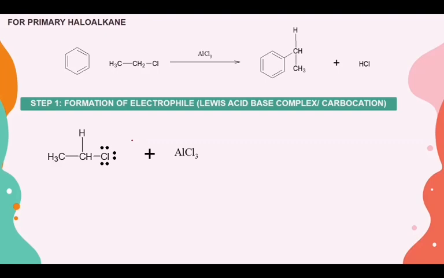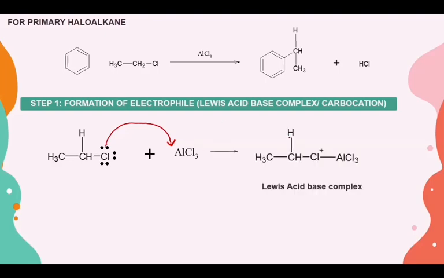Same as the previous mechanism, the arrow from chlorine will attack AlCl3, and the haloalkane will attach to your AlCl3, forming the Lewis acid-base complex. Okay, class. But for this primary haloalkane, this Cl will not break from C. It will remain as this Lewis acid-base complex, and this species will be involved in step 2.